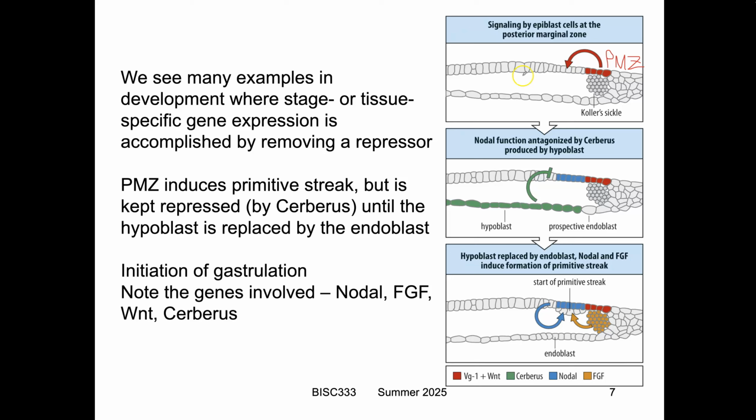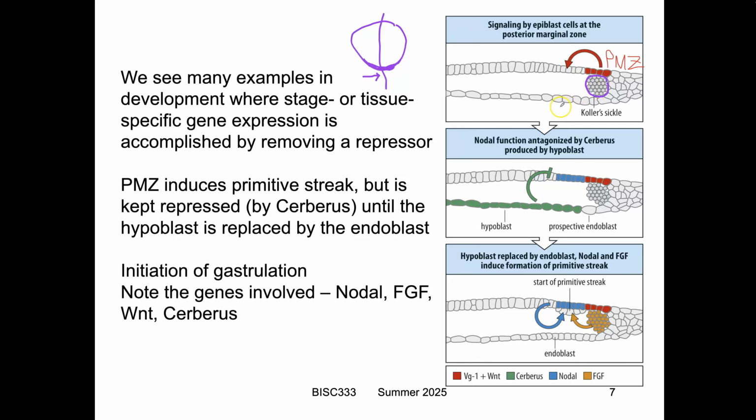Okay, so now we're going to take a look in a little more detail. This is Koller's sickle. If you are looking down on the blastoderm, Koller's sickle is this crescent-shaped bunch of cells here. They look physically different from the others. If you were to slice this way and look in that orientation, these are those cells.